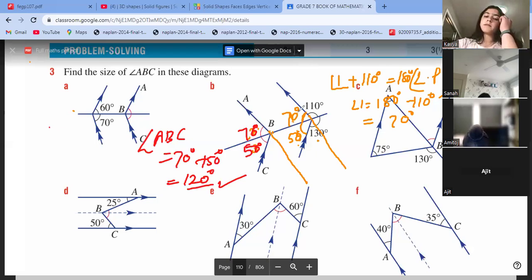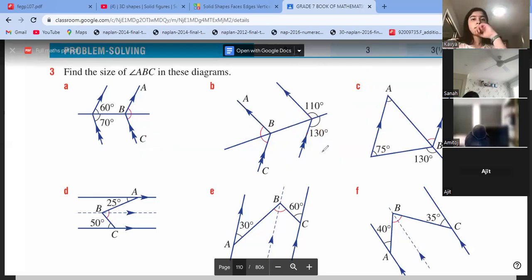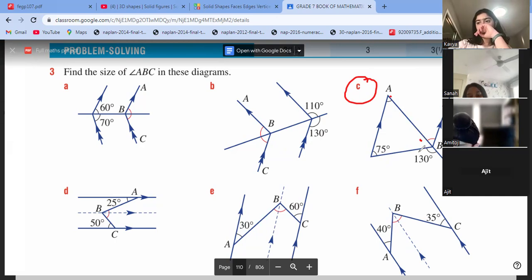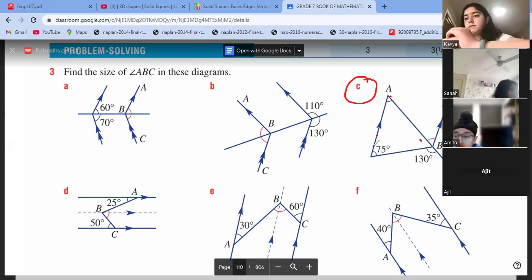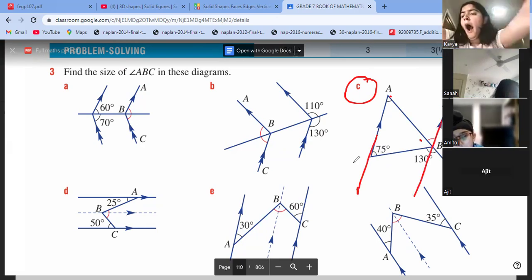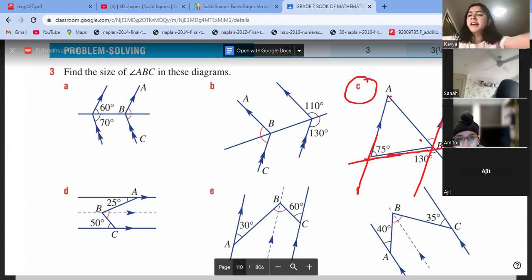Yes. Okay. Now solve this C part. Here. Try to solve it. How to find out the ABC angle, this one, A, B, and C? How can you find it out? See, these two are the parallel lines, first of all. And this is its transversal. Okay.